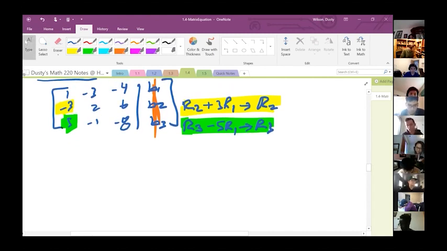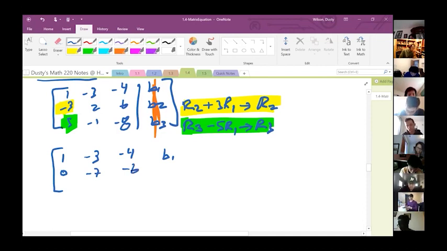All right, so then that changes our matrix. Our new updated matrix, the first row stays the same. The second row becomes 0, -7, -6, and then b2 plus 3b1.